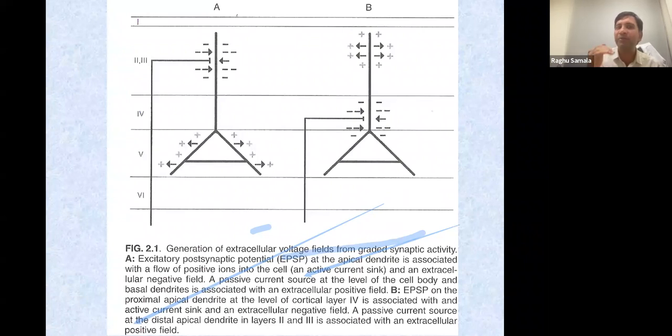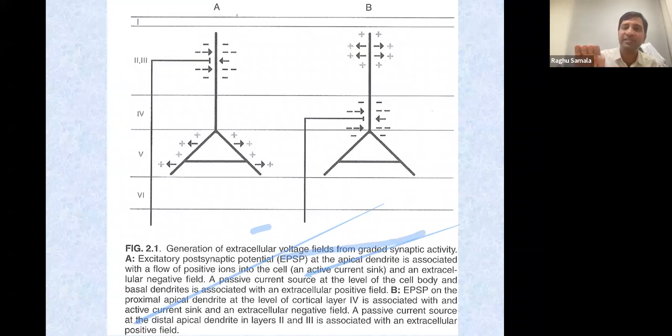So it depends upon where the excitation is. If the excitation is near to the surface, you see the negativity there. If the excitation is near to the base, meaning in layer 4 and layer 3, you see the positivity on the top. Here, if you see, both are excitatory, but the kind of waveform you are going to record from the surface is different, because near to the surface in diagram A, you have a negativity.